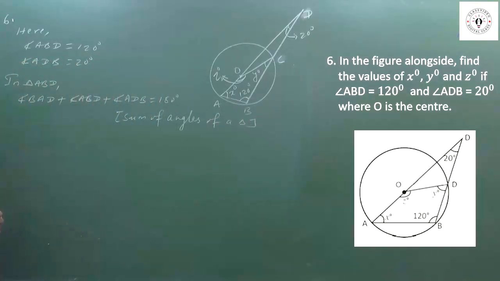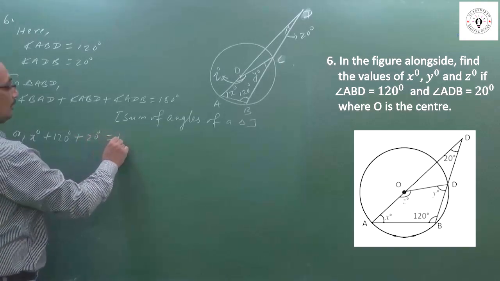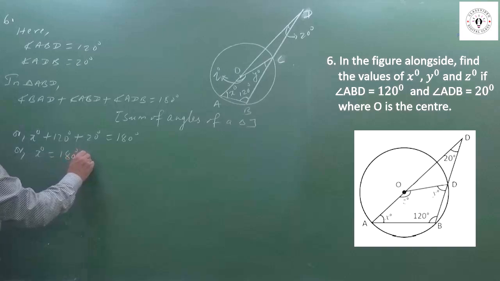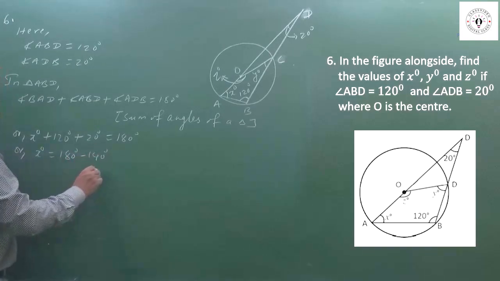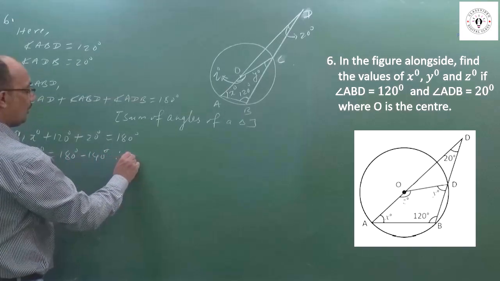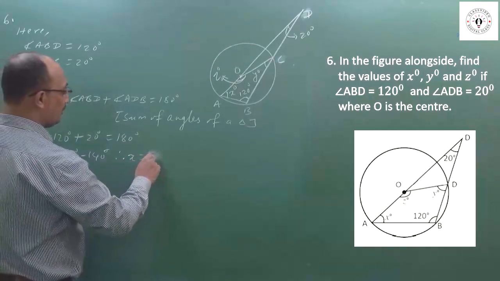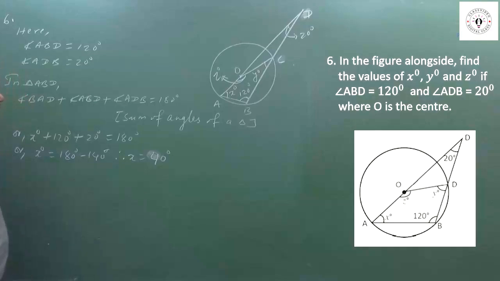So BAD we are given X degrees, ABD 120 degrees, ADB 20 degrees, equals 180 degrees. 120 plus 20 becomes 140. When it goes on the right hand side, it becomes minus. So 180 minus 140, sorry, 180 minus 140 is 40. So this will give you X equals 40 degrees. So we have got the value of X.